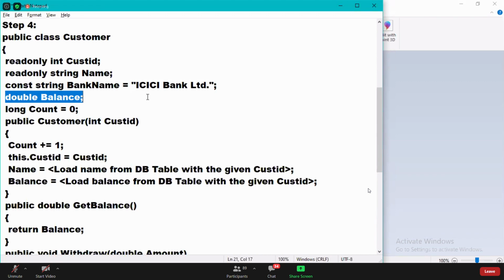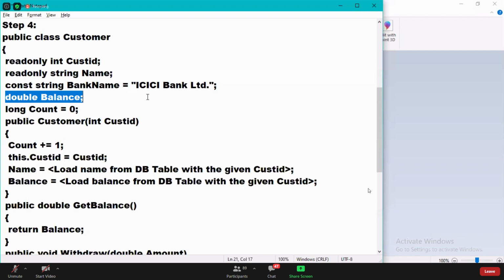Count is common for all or specific for each? Count is common for all. Why would count be specific? Common for all means single copy or multiple copies? Single copy.